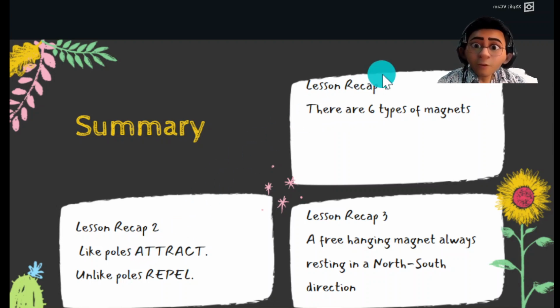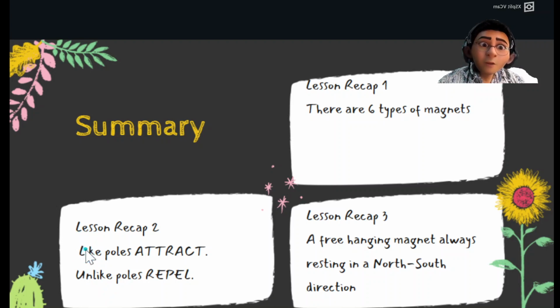Lesson recap number 2, properties of magnets. Like poles. Wrong, I'm sorry. This is wrong. Unlike poles attract. Like poles repel. Sorry for the correction here. This is unlike and this is like.